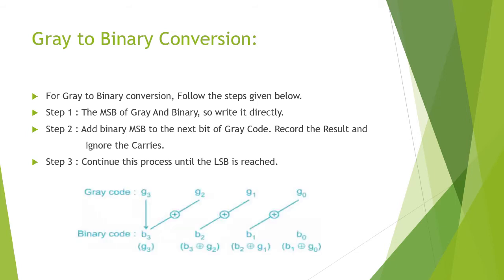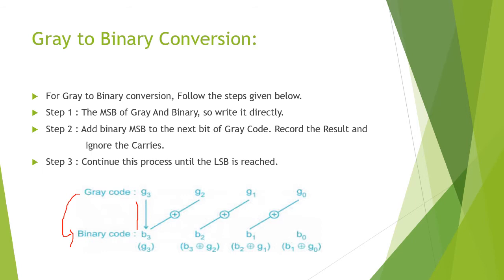So this is the actual arithmetic. Here the MSB is written as it is when we are converting any gray number to its corresponding binary. So the first MSB is written as it is.